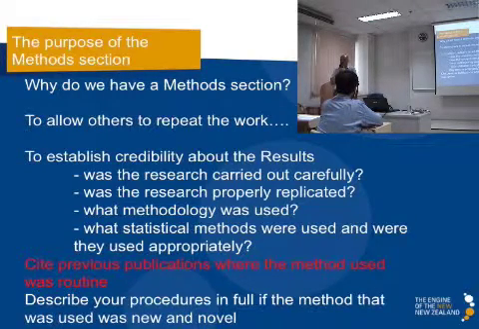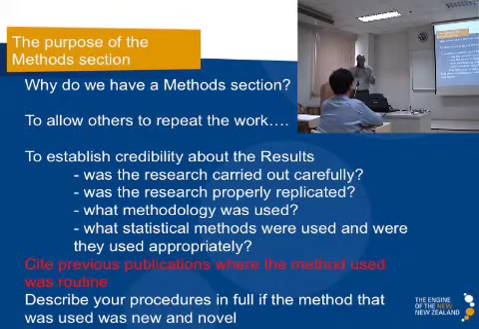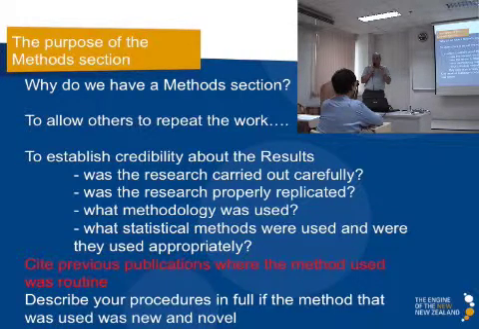Unless you've modified it, in which case you cite the original reference and then have a section as to how you had modified their method. So don't write down in full somebody else's method if you've used it. Just cite the reference that's relevant. That's all that you need to do.